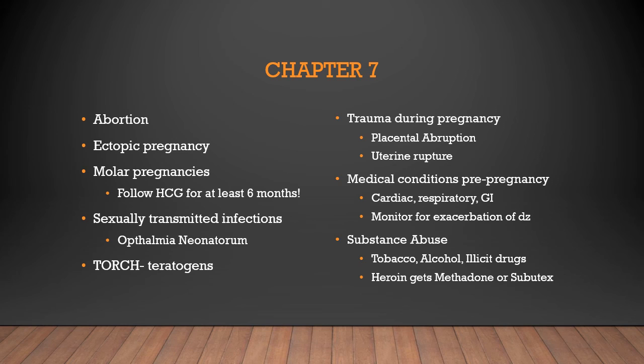So with all of this, we have risk for preterm labor, preterm premature rupture of membranes, poor weight gain and nutritional status, and placental abnormalities. We also have risk for stillbirth, low birth weight, premature birth, miscarriage and spontaneous abortion, intrauterine growth restriction, neonatal withdrawal syndrome, and sudden infant death syndrome.